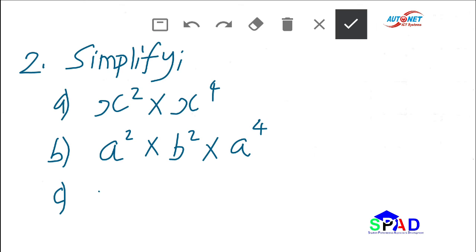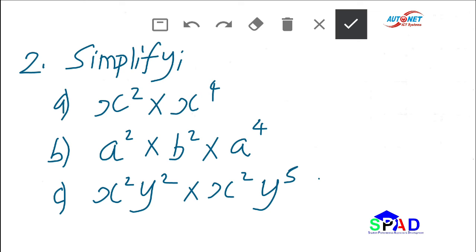C, x squared y squared times x squared y to the power 5 times x to the power minus 3 y to the power minus 3. So try those two questions out, and when we meet next time, I'll give you the solutions.